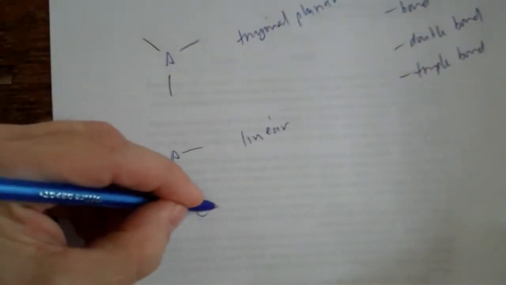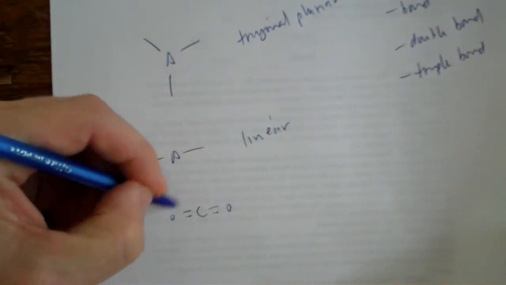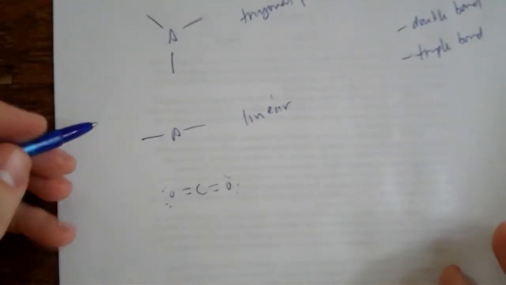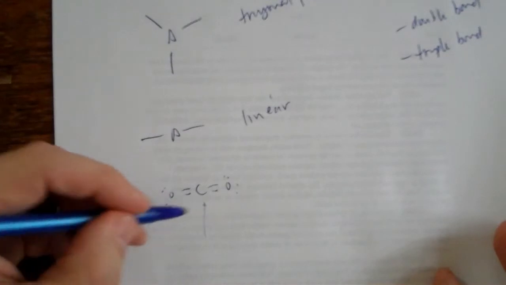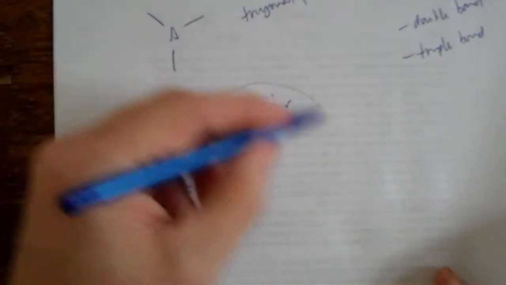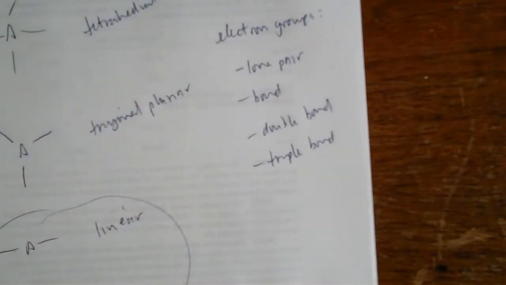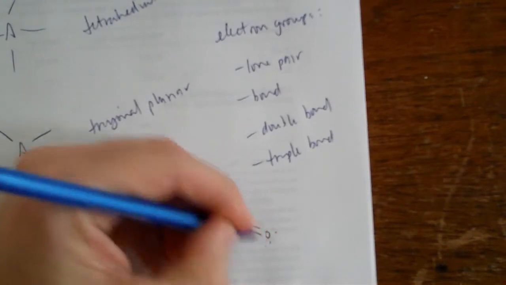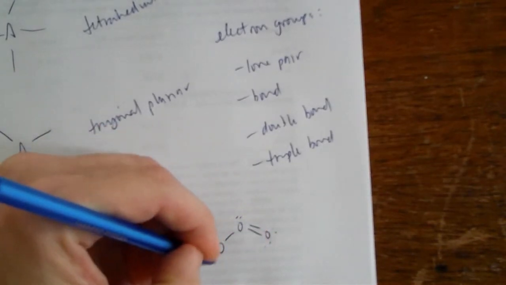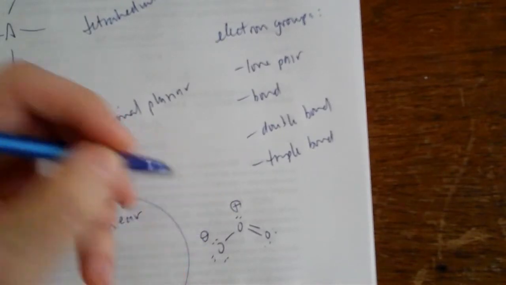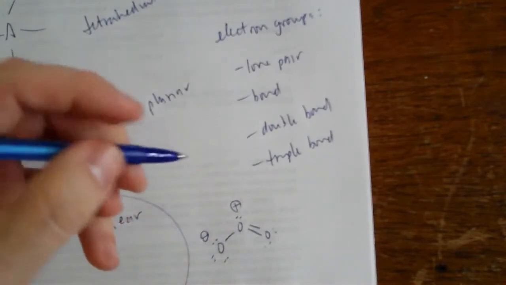So, carbon dioxide, for example, how many electron groups are on the central atom? 2. Okay? And so that makes it linear. What about ozone? Okay, it's got a plus formal charge on it, a minus formal charge on it.